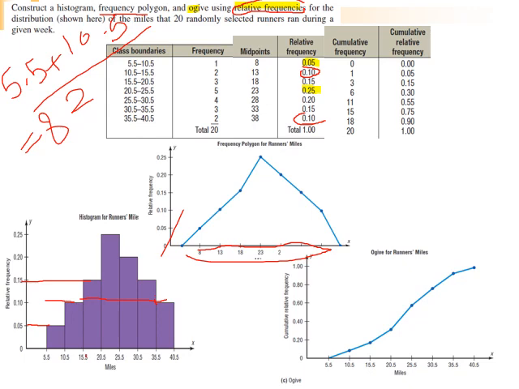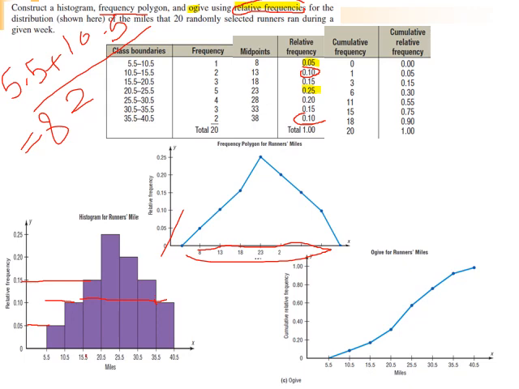The final requirement, the third requirement, is the ogive. The ogive again is the same as the cumulative frequency polygon. We use the cumulative frequency column here to draw the cumulative frequency polygon. Again, we will use the cumulative relative frequency.